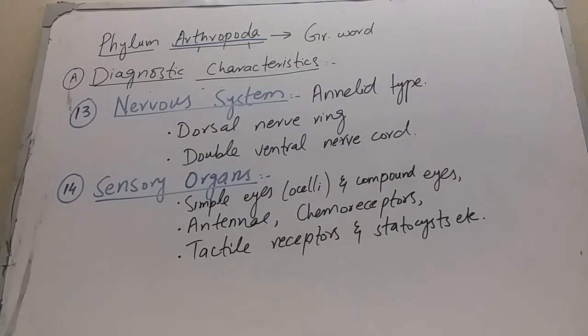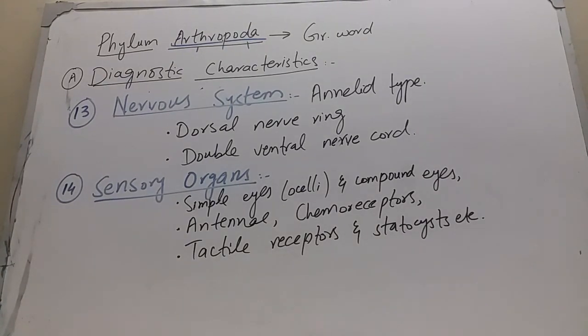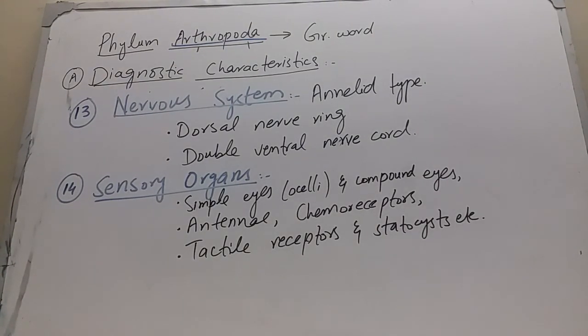Next is the nervous system. In arthropods, the nervous system is of annelid type, just like that of the annelids. It includes a dorsal nerve ring, which is also known as a brain, lying in the anterior region of the body, or we can say the dorsal nerve ring is in the head region.